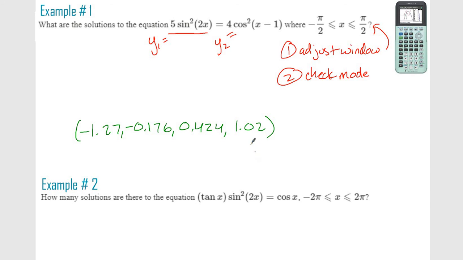Those are all your values. You do the same thing for the next one, and when you graph that, you should get 4 solutions. That's all it was looking for, 4 points of intersection.